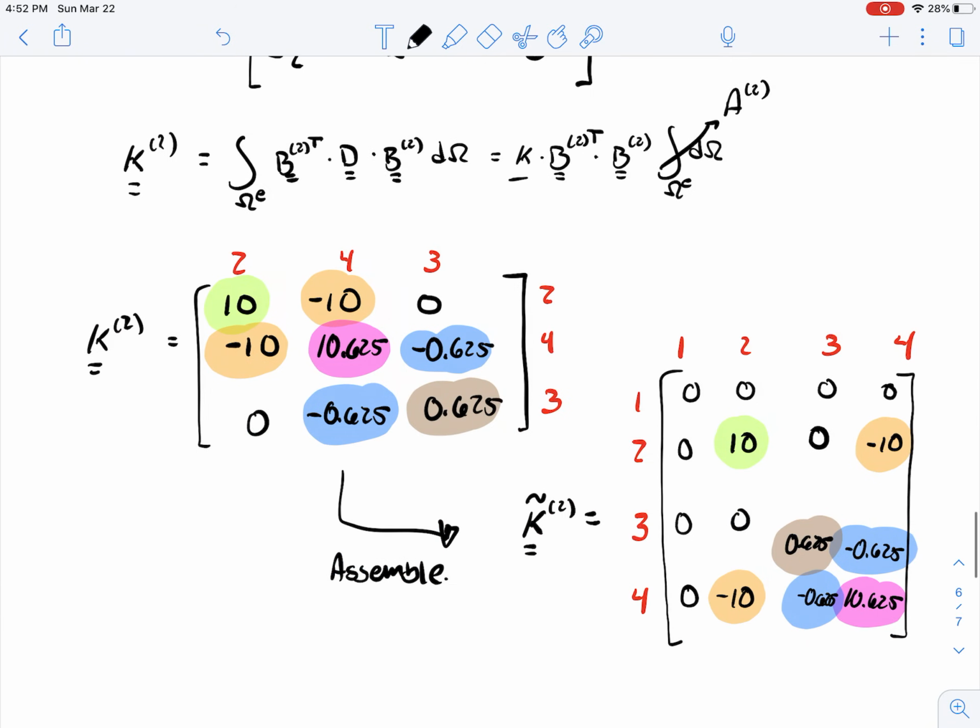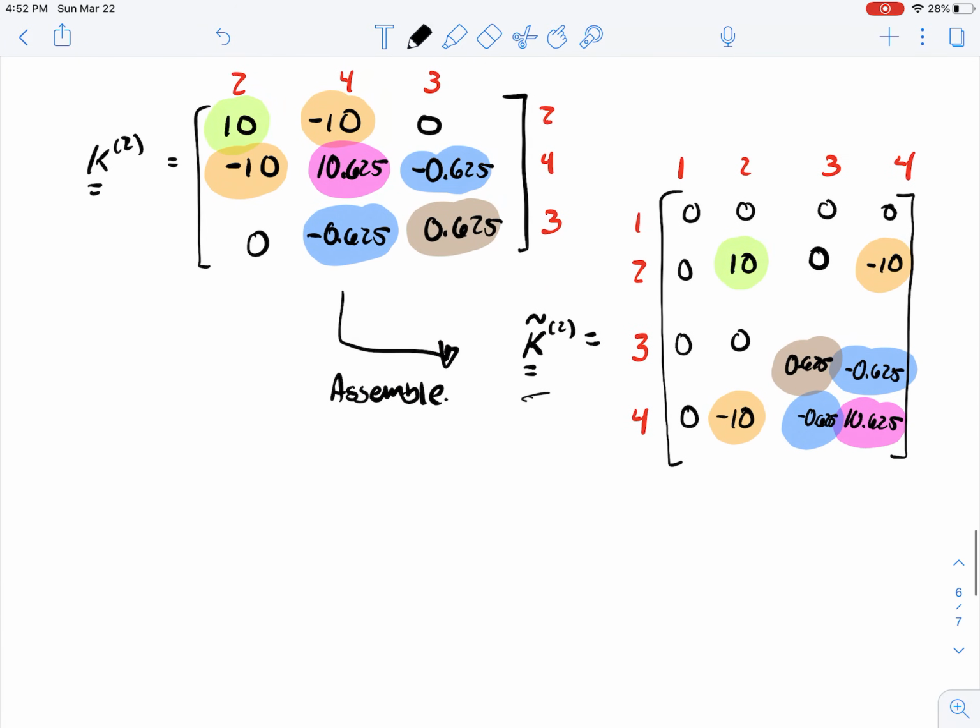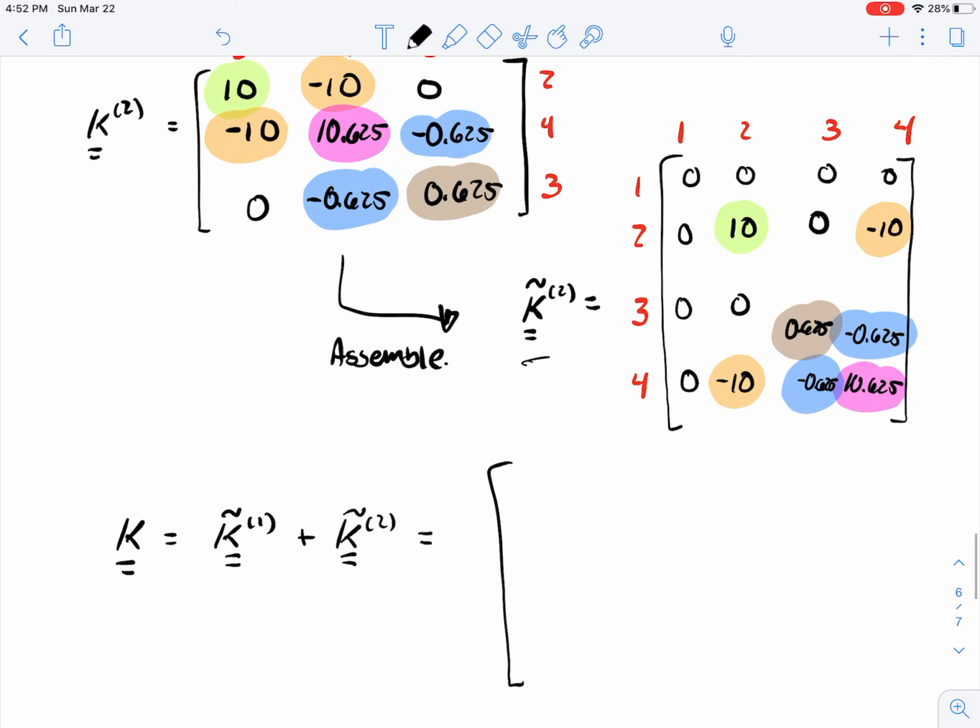I have the contribution from the first element, I have the contribution from the second element. So the total K matrix is going to be the K1 tilde plus the K2 tilde, and it's going to be a 4×4 matrix, which I have right here.